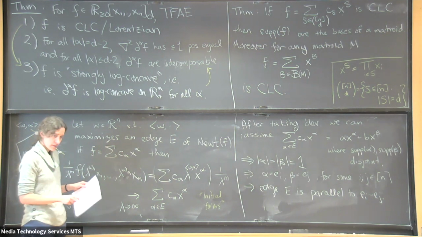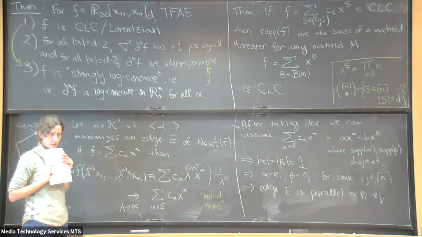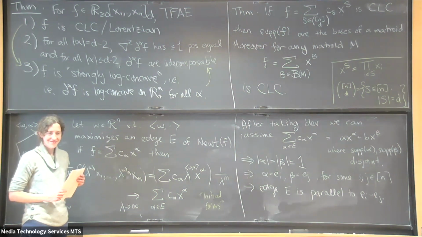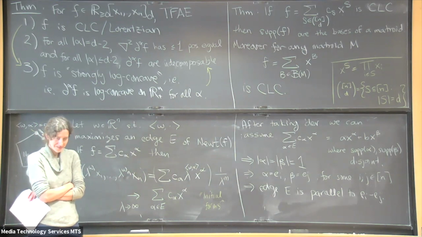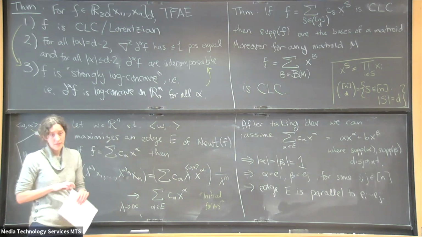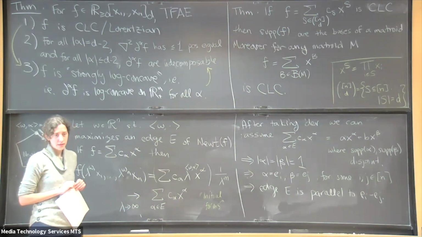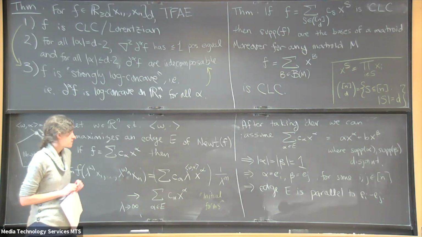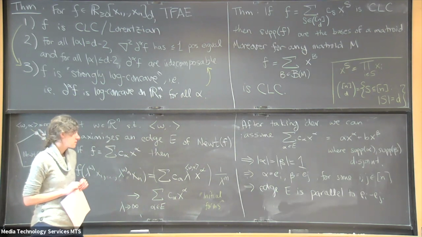So there is, I guess, a high-level point that June likes to highlight: that there are two very different notions of convexity that come together in this. One is this concavity, the analytic one with the Hessian, and one is this M-convexity, which you didn't really define, but the meaning of it being parallel to e_i minus e_j, or the exchange axiom.